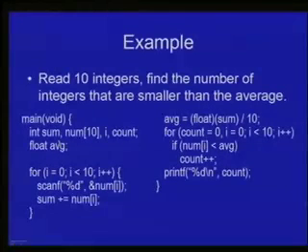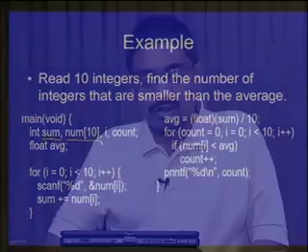The variable sum is the one that we'll use to store the sum of all the integers that we read. Num10 is the array which we'll use to store all the integers that we have read. Recall that once we have computed the average by summing up all the integers and dividing by the number of integers, we'll need to once again look at each integer that we read and compare it with the average to find out whether it is less than the average or not.